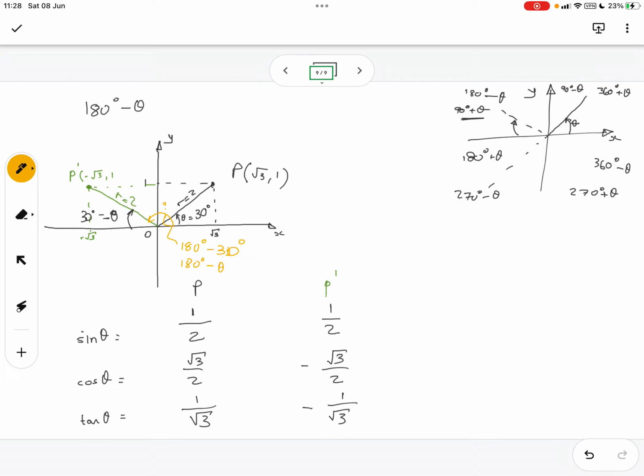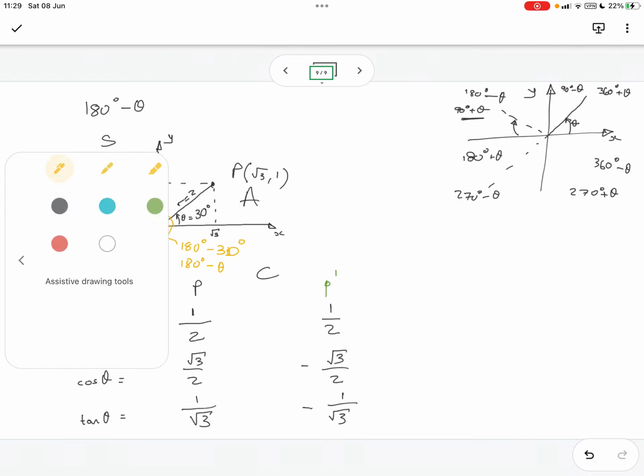And we can, from the investigation, say that 180 degrees minus theta puts us in this quadrant. If the measurement of theta in the first quadrant is known, then 180 minus theta would put us in the second quadrant. And this also confirms CAST, where our trig ratios are positive.